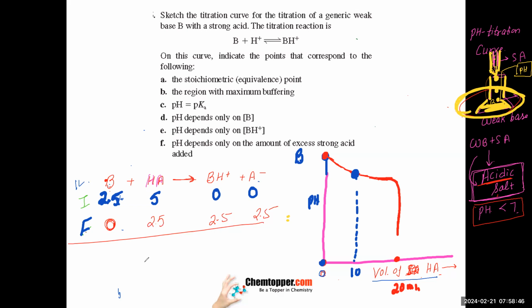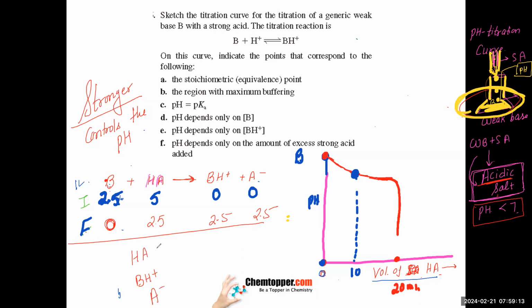Now tell me, who will control the pH? Remember the line I gave you last time? Whoever is stronger. In some cases, water is stronger. Whoever is stronger controls the pH. You remember the pH? Now here, finally, you have HA, you have BH plus, and you have A minus.